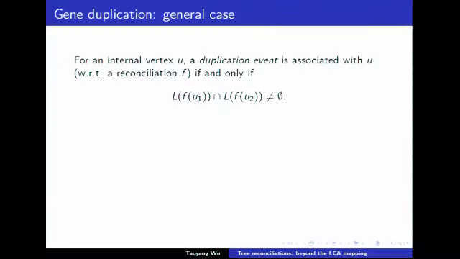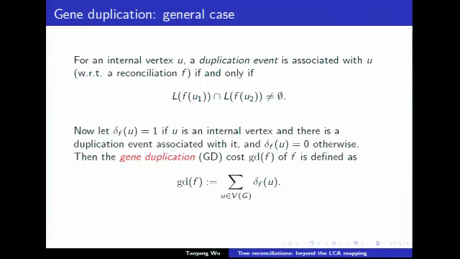So a duplication event is associated with U with respect to a general reconciliation F if and only if the clusters associated to FU1 and FU2 intersect. And the gene duplication cost is just the sum of all these numbers.